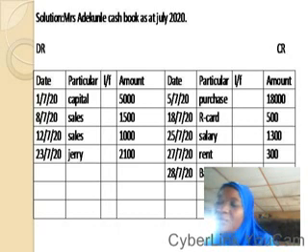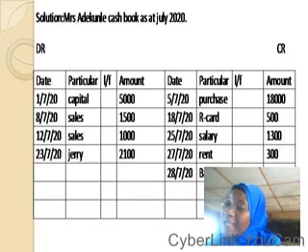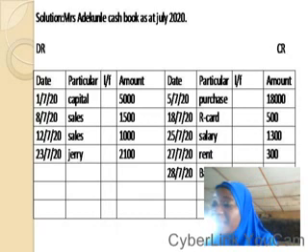So that will be the end of our class today. We are dealing with single column cash book alone. In our next lesson we will move on to double column cash book. But don't forget, in your notes, I've told you that you must follow the double entry principle when you are preparing any account. That means all the payments will be at the credit side, while all the receipts will be at the debit side.